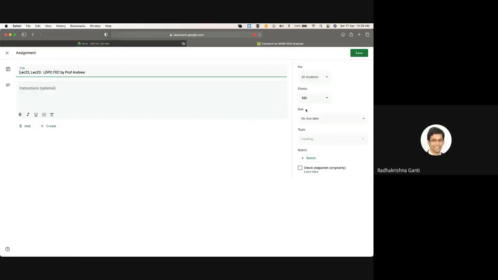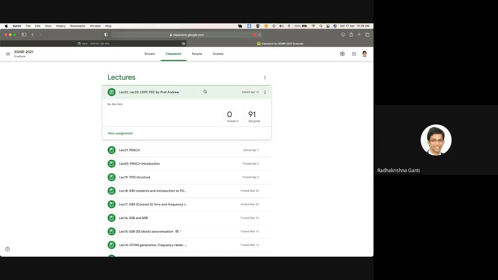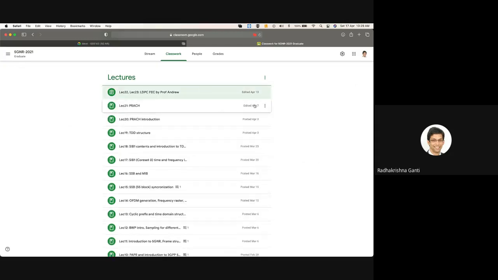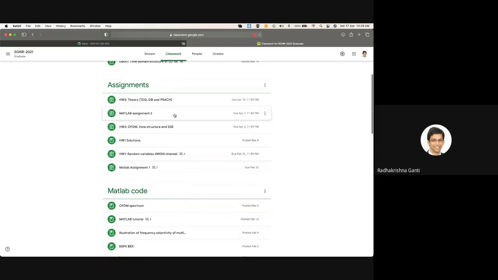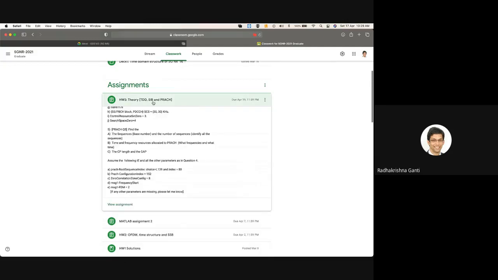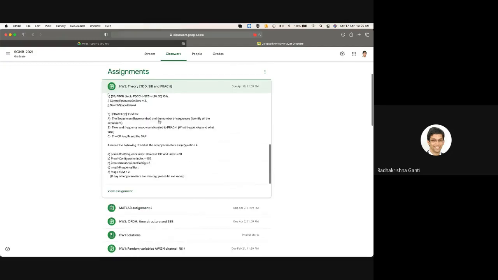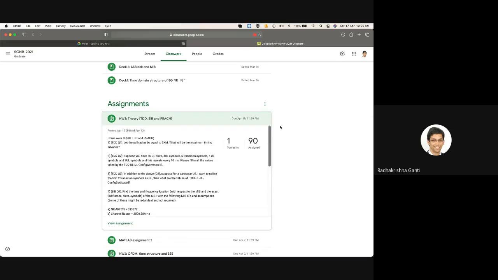I'll put this as assignment. For some weird reason, this is showing. Okay, I understood that. That's what I was wondering. I will remove this and properly put this. Sorry. That's not an assignment. There's nothing in that. The only assignment is homework 3, the TDD, SIP and patch. Please finish that, and on Monday I will give you another assignment.